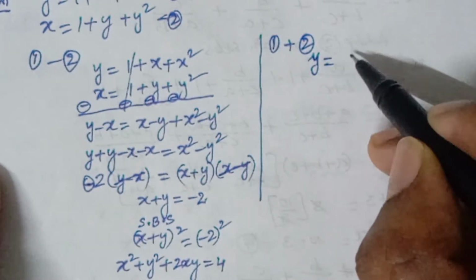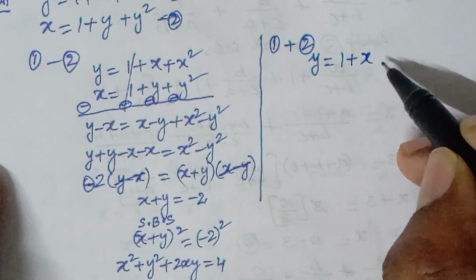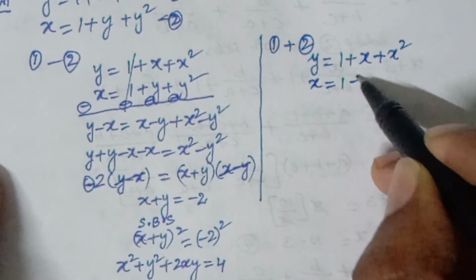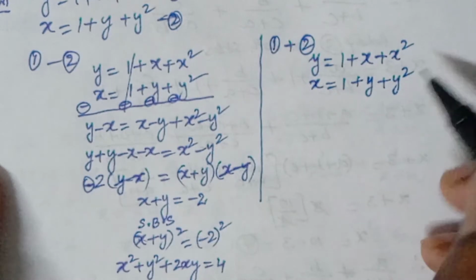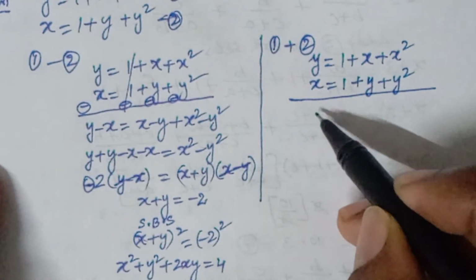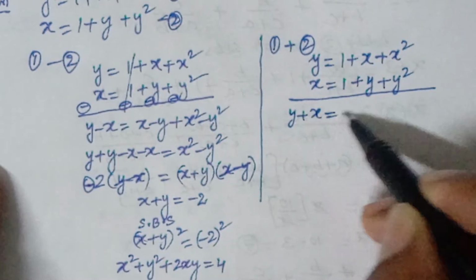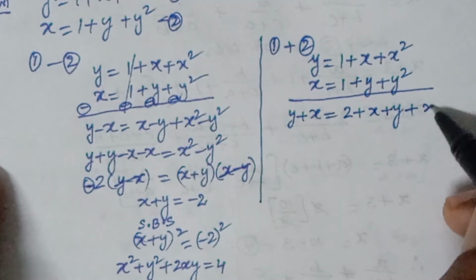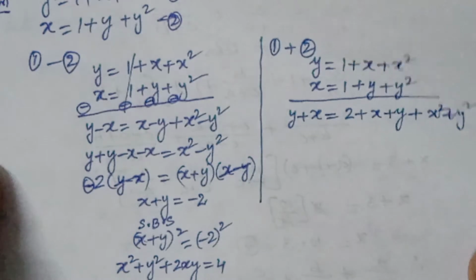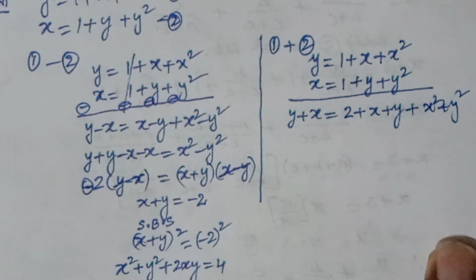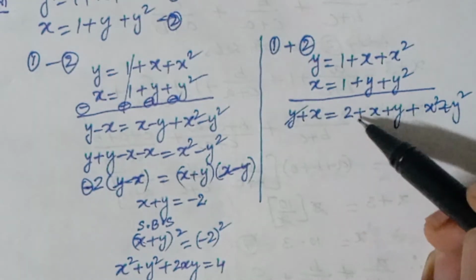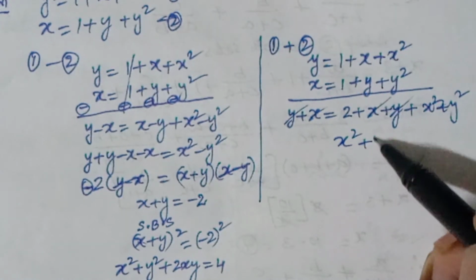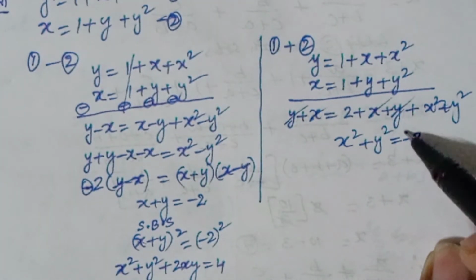So what is 1? y is equal to 1 plus x squared, x is equal to 1 plus y squared. Adding these two, y plus x is equal to 2 plus x plus y plus x squared plus y squared. So y gets cancelled, x gets cancelled, and x squared plus y squared is equal to minus 2.